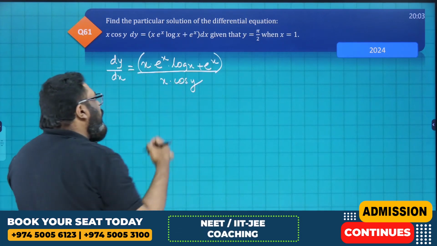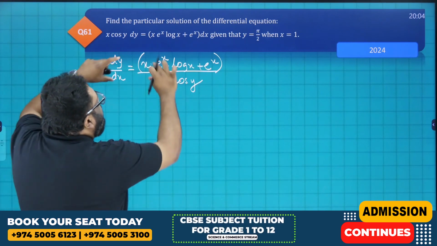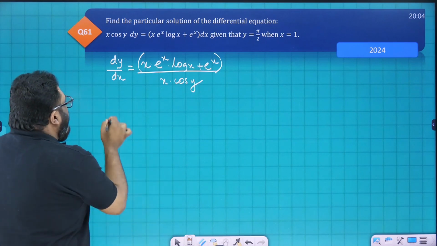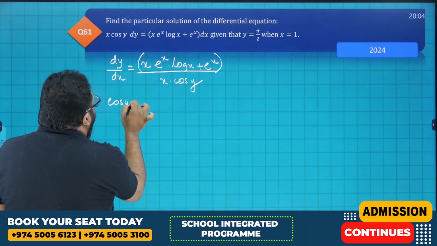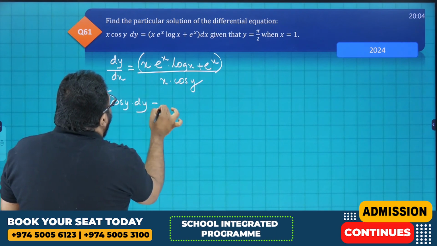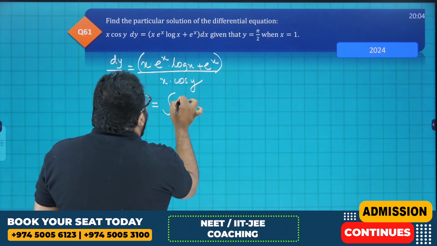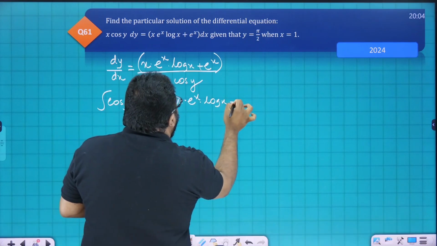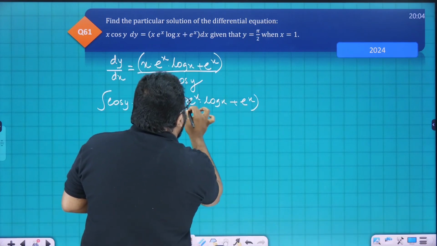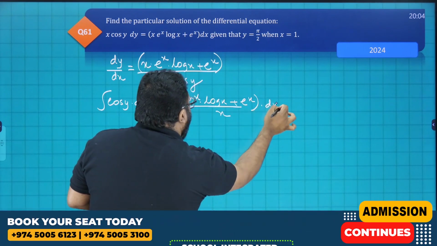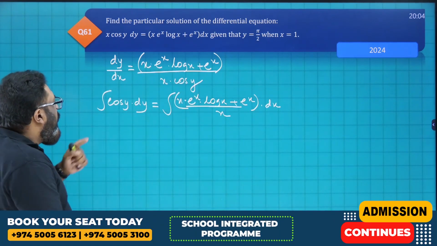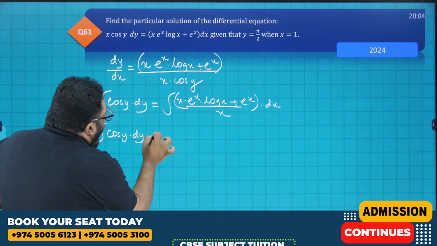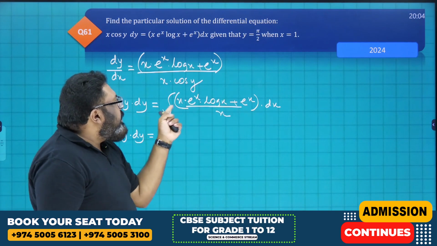It is definitely variable separable. It's a pure x term divided by an x into y term. It's a pure integration, my dears. So cos y dy is equal to integral of x into e raised to x log x plus e raised to x, divided by x, dx. Integral of cos y is very simple, so I'll do it. And I can see that e raised to x is common here.